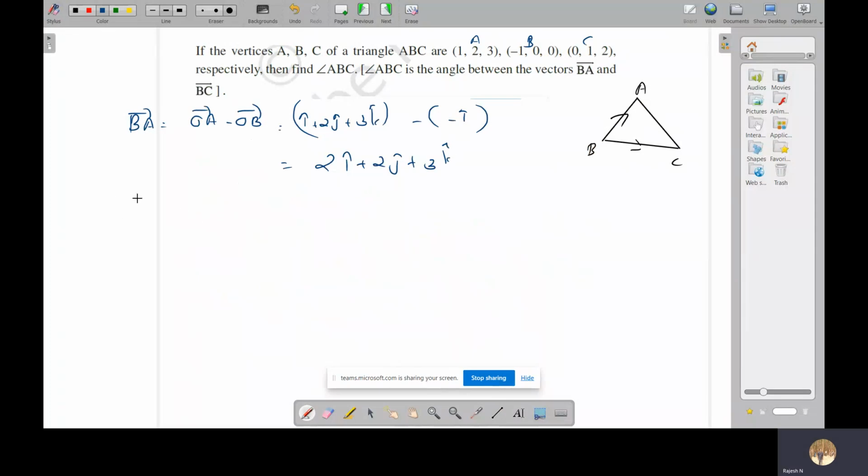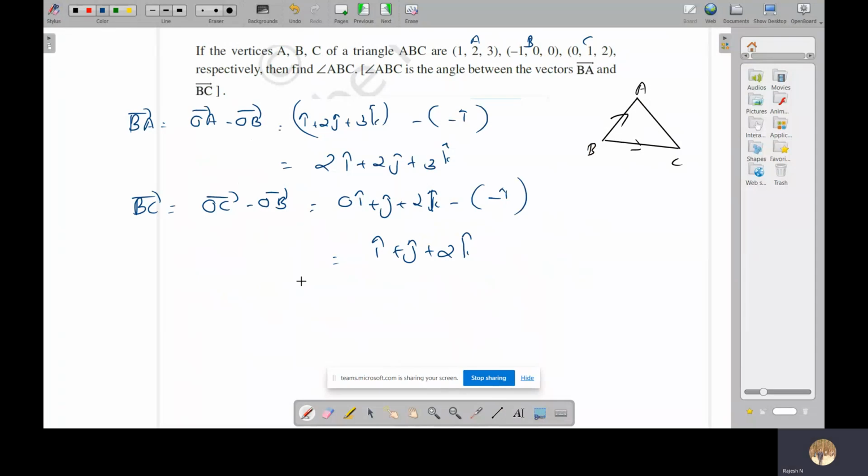Now, what is vector BC? BC is equal to OC minus OB. What is OC? OC is equal to 0 I cap plus J cap plus 2K cap, minus OB which is minus I cap. So what is it? I cap plus J cap plus 2K cap.